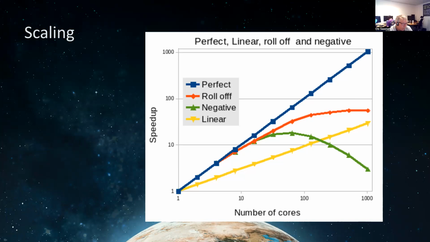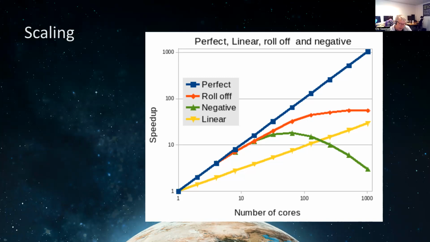So when you run the scaling, sooner or later, you will hit either the blue or the red one. In any case, you are misusing the resources if you are on the right-hand side with the blue and the green one.